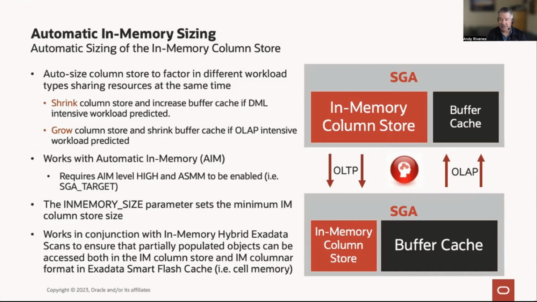You don't have to individually alter each object, though you can if you want to override. And then with automatic in-memory sizing and AIM high set, not only will we populate everything, but based on the workload we'll change the size of the column store. You give it an initial size, but then we'll grow or shrink it based on what's going on in the database, based on heat map statistics. So that's pretty neat.